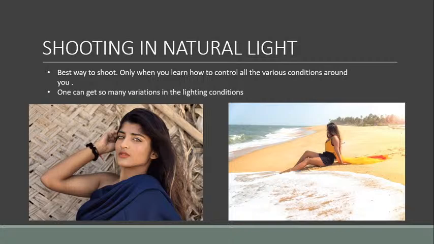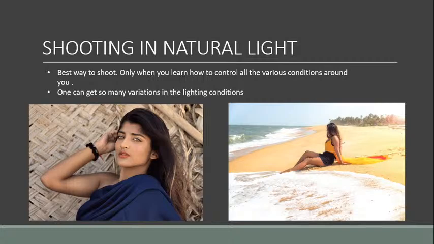So the sun has risen up, so it's not actually dawn, but the sun is behind the model, so there is very less shadow on her face, because the harsh light is not anyway reaching the model's face. So that's how you create diffused light without any artificial tool or anything. So timing is very important.